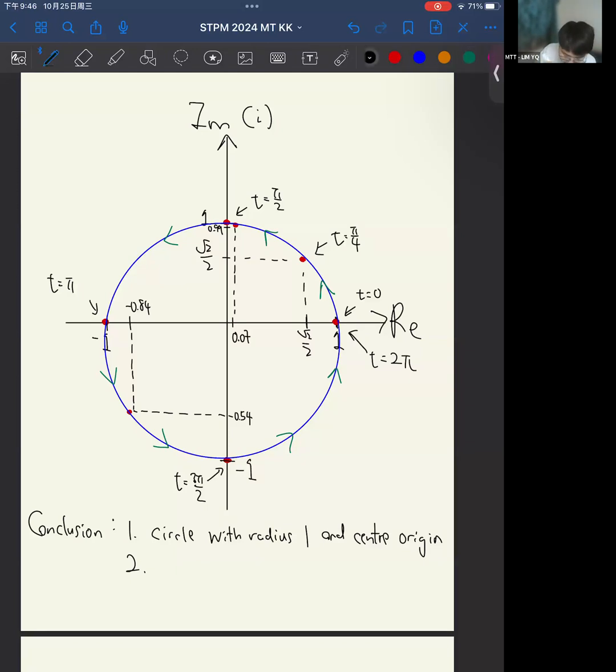So you can say the direction of the trace is anti-clockwise. Clockwise, anti-clockwise.